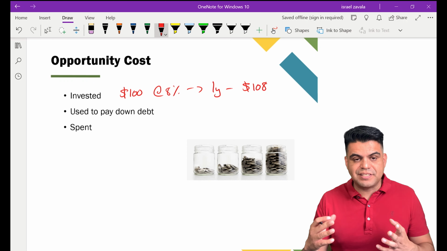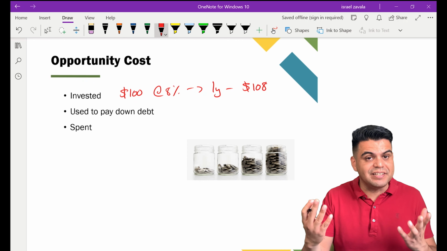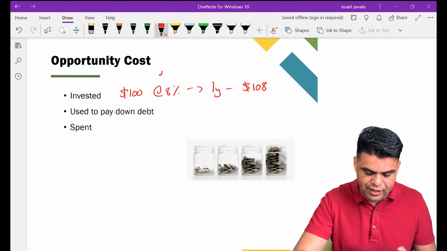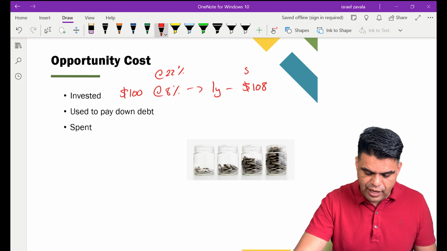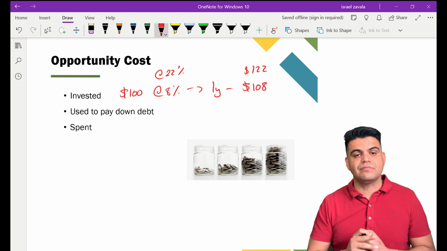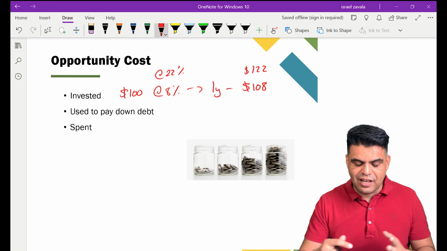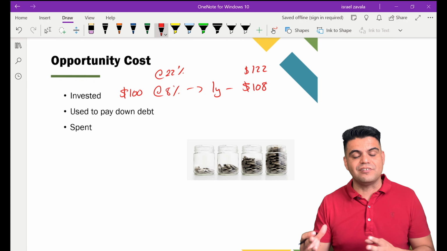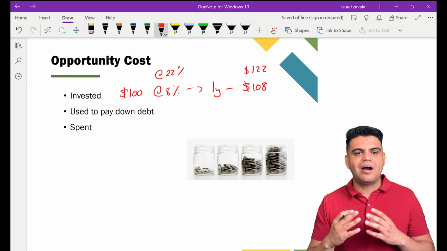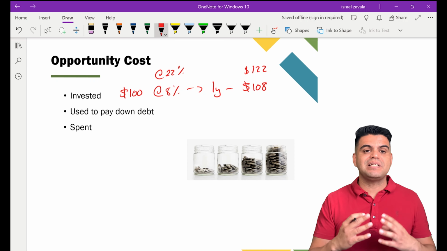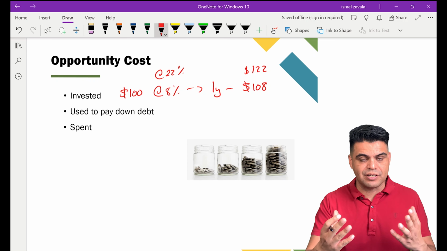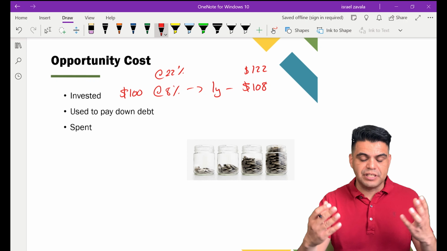Or maybe you could invest it in something more speculative, right? And you could actually get, let's say, a 22% return, and you would have $122, right? As opposed to waiting a year and only having $105. So you're missing out on the opportunity to invest it in something that may provide you a higher return. Okay, that's the opportunity cost.